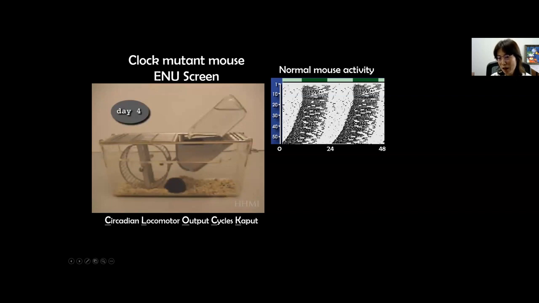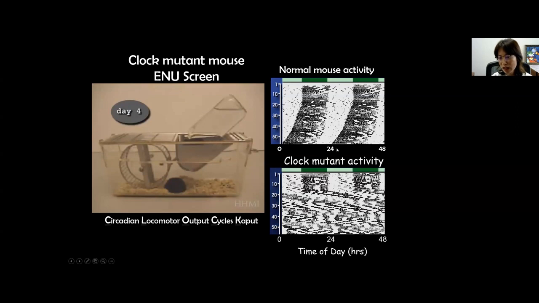And during the dark period, which is 12 hours, they take a break and continuously run. And their activity offset is a little variable. So we calculate activity onset, and based on the activity onset, we calculate circadian period. That's the endogenous free-running period, because this period is happening without any external cue.